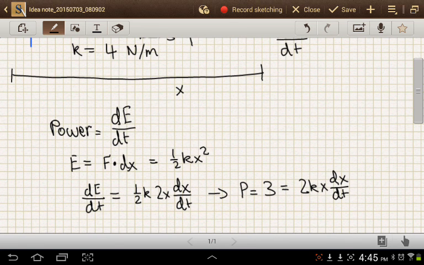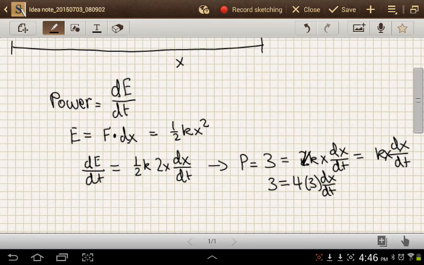Oh sorry, that's actually kx dx/dt. So if we substitute for k and x, we'd get 3 is equal to 4 times 3 times dx/dt. So if we solve for dx/dt, we would get 1/4 meters per second. So that is how you can do a related rates problem.